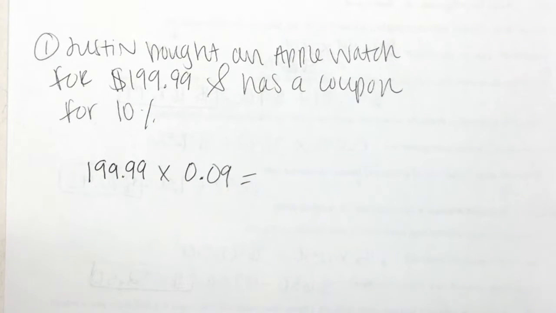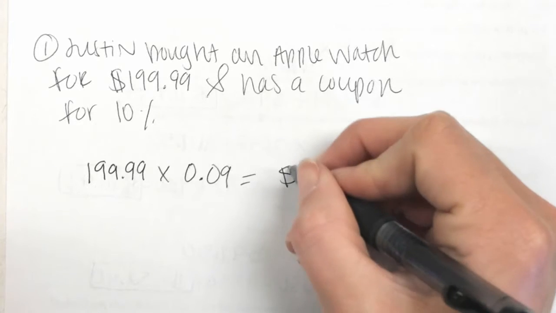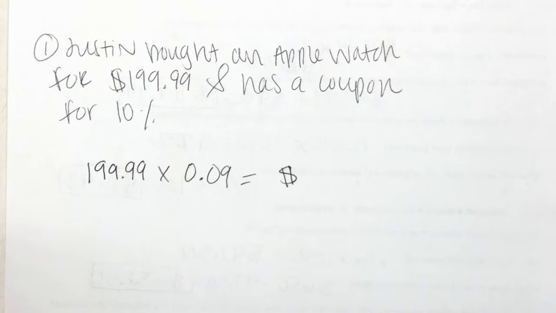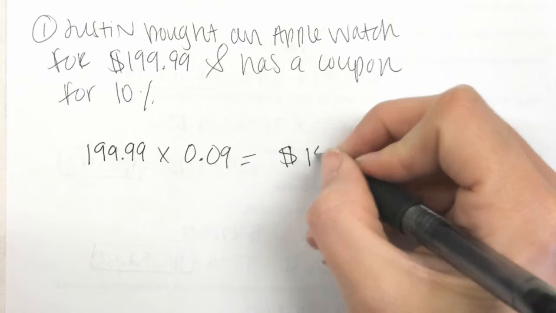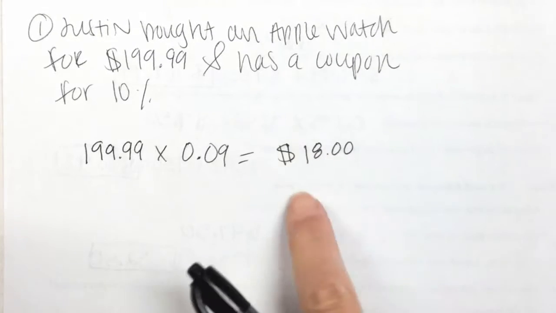Tell me what we get when we do $199.99 times 0.09. Y'all going to be doing this on your own tomorrow, so try it now. It's 17.9991, right? So that's going to round to what? $18. So this is the tax.